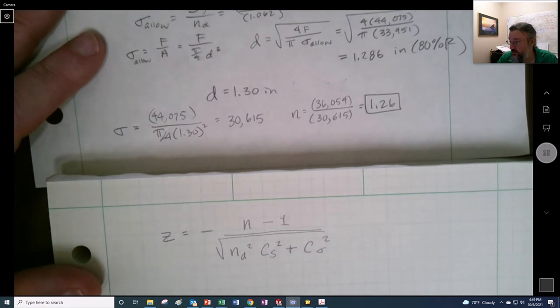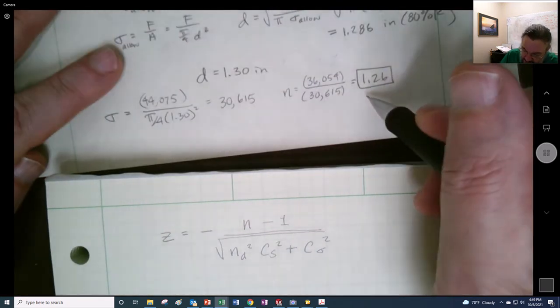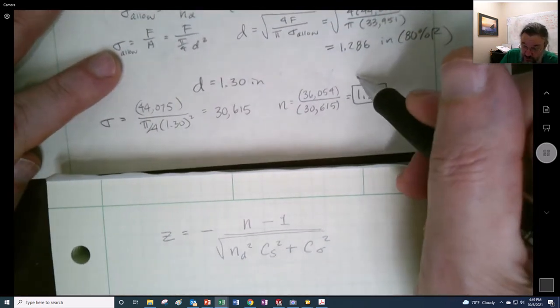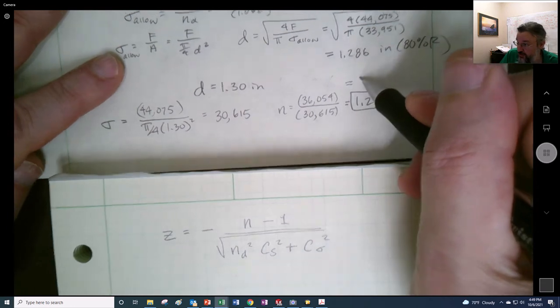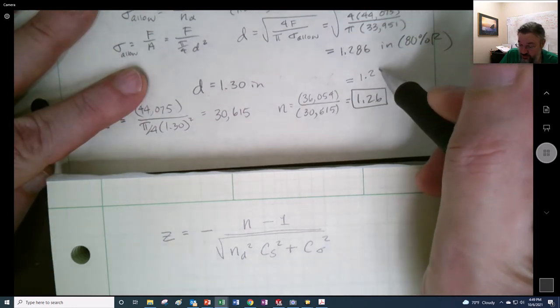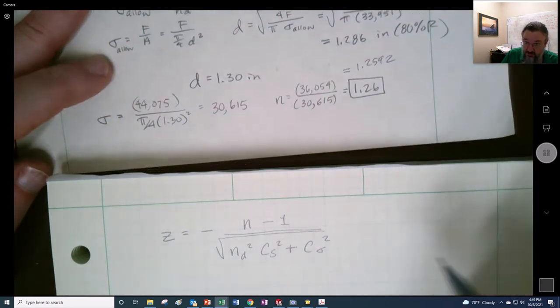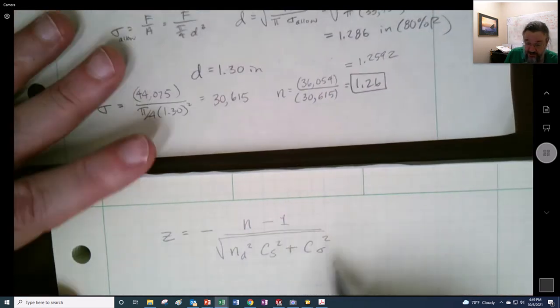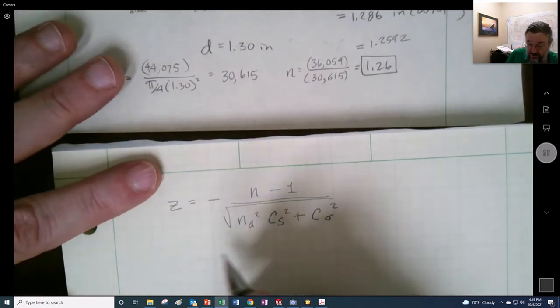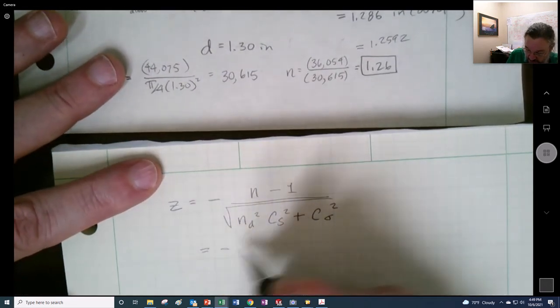I don't want to drop any sig figs here. This is what I'm reporting, but here's what I actually got: 1.2592. When I plug it back in, I don't want to get any error because of this.